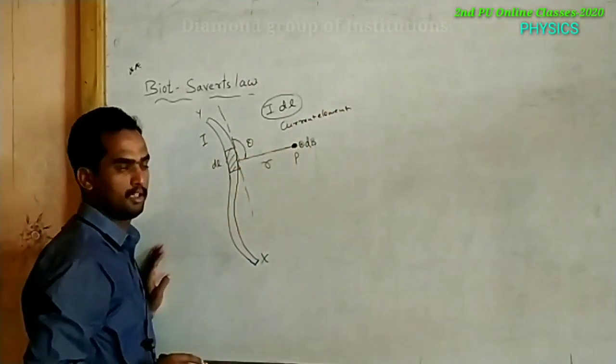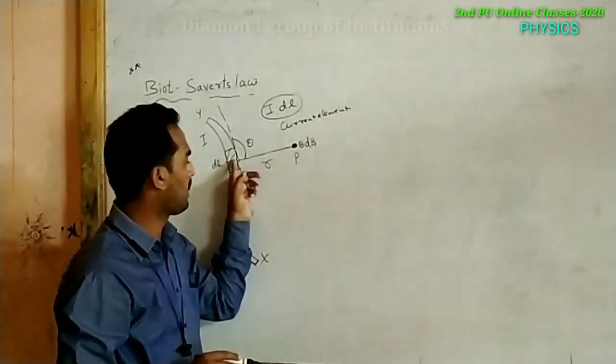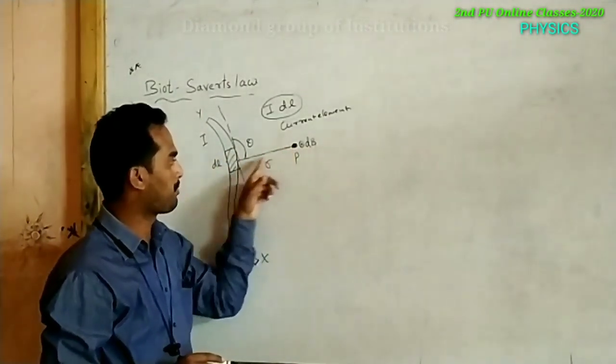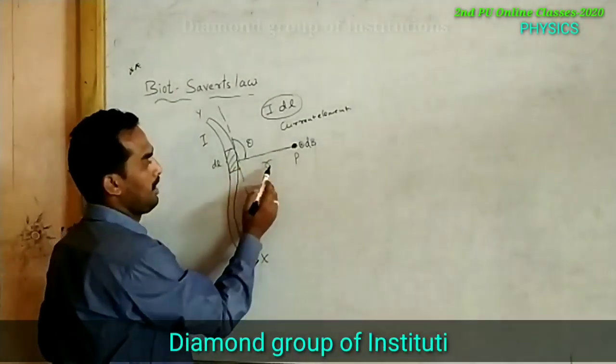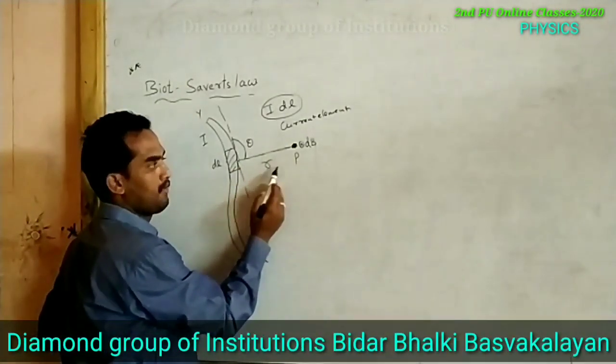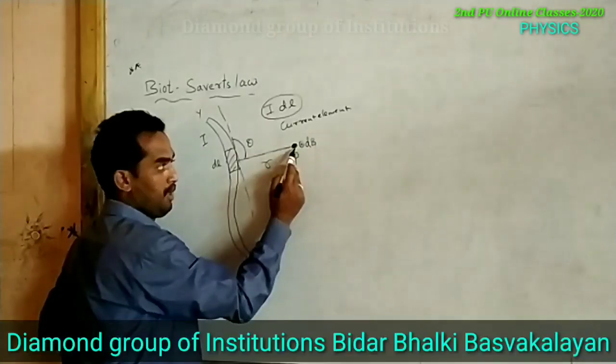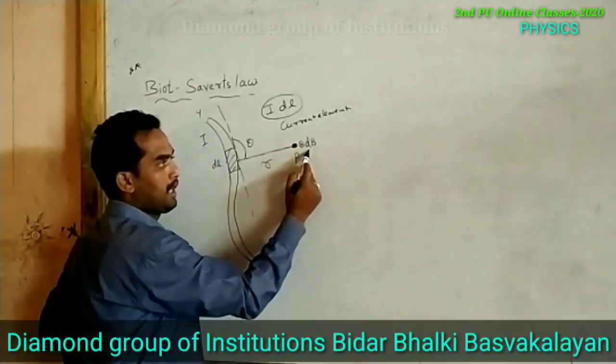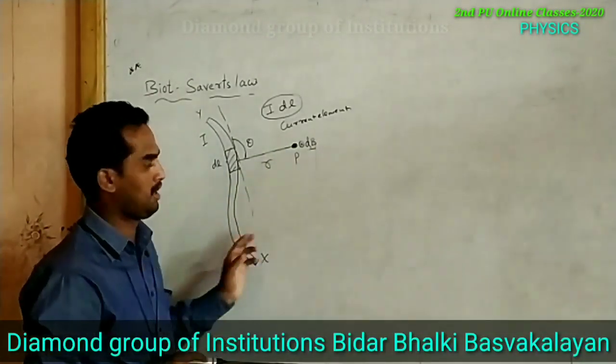Theta is the angle between this current element and the line joining the point P, and r is the distance of the point P, at which we are going to calculate the magnetic field, that is dB.